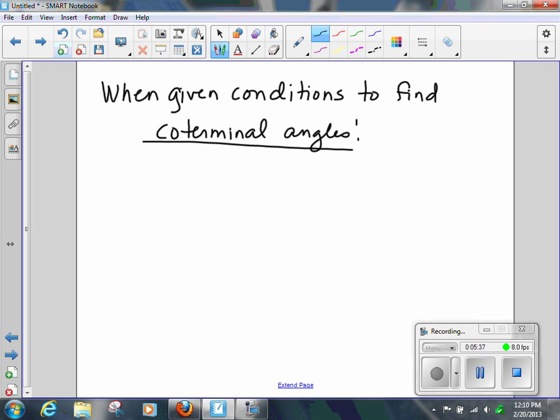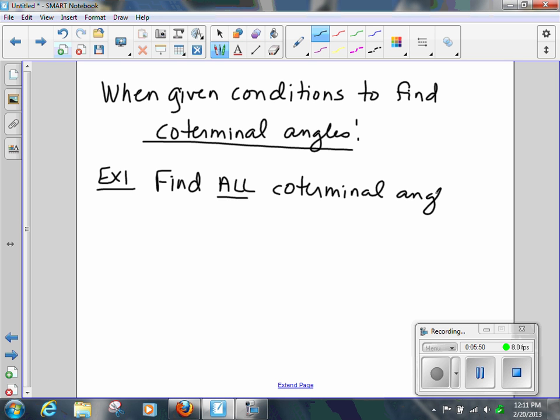So here's what you're going to do. If you were given an example that said, find all coterminal angles to 45 degrees, what do you think we would do? How could you find all of the coterminal angles to the 45-degree angle?